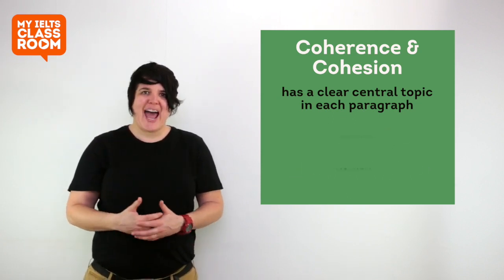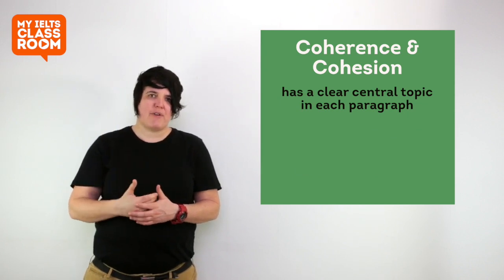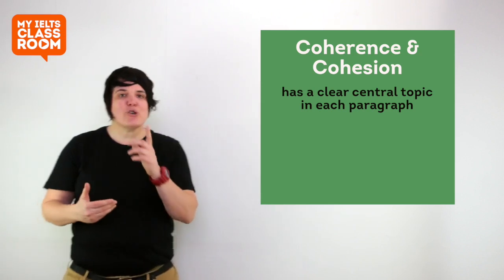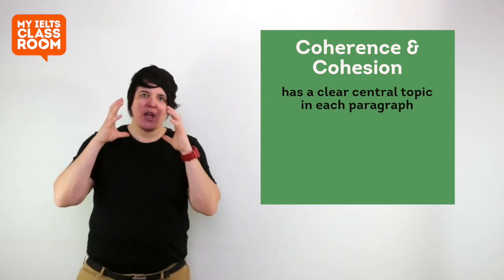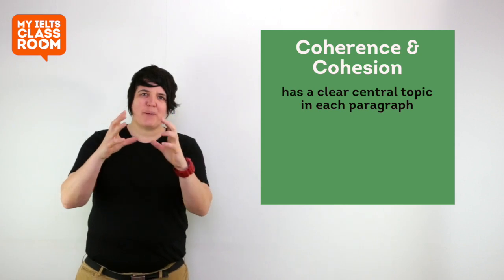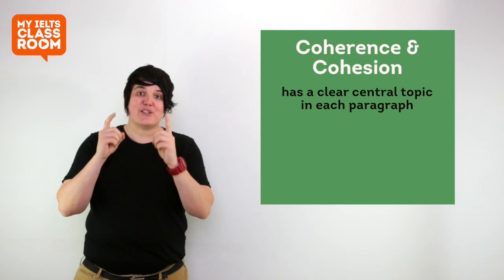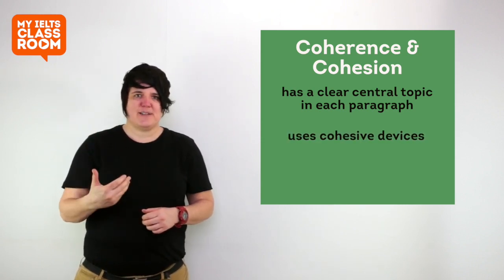The first one has a central main topic in each paragraph. We discussed this in the last video, and now you can see why it's so important. If you don't have paragraphs which have got topic sentences and one main idea, you lose marks in terms of coherence and cohesion.